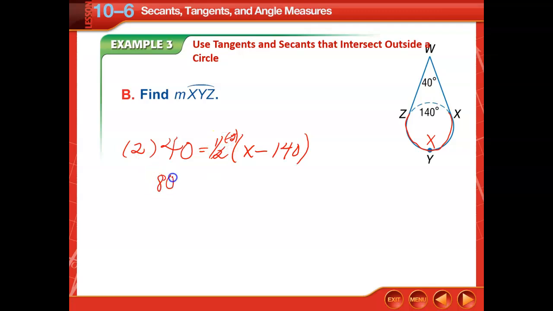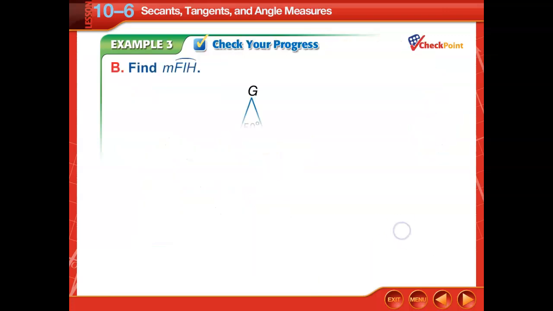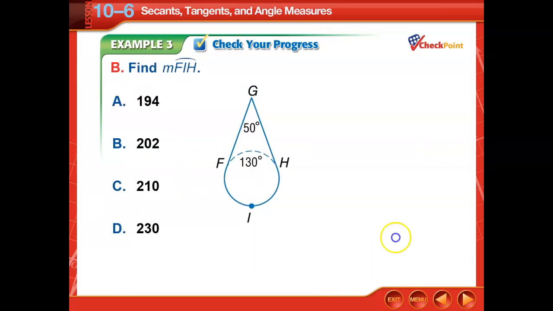So I get 80 equals X minus 140, and then add 140 to both sides. So I get 220 equals X. If you check that, 140 minus 220, and half of that should give you 40. And then I'll let you work that one out. You can pause the video and check it, but you should get 230.